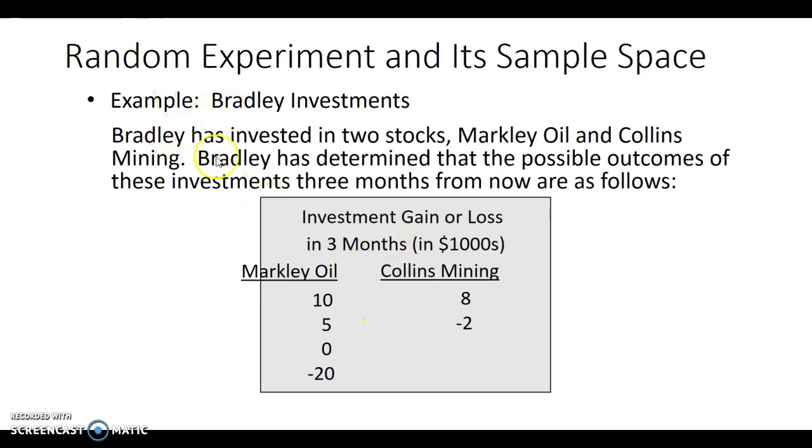For Markley Oil, Bradley has determined it could make us $10,000 3 months from now, $5,000, break even, or lose $20,000. For Collins Mining, that investment could make us $8,000 3 months from now, or we could lose $2,000.